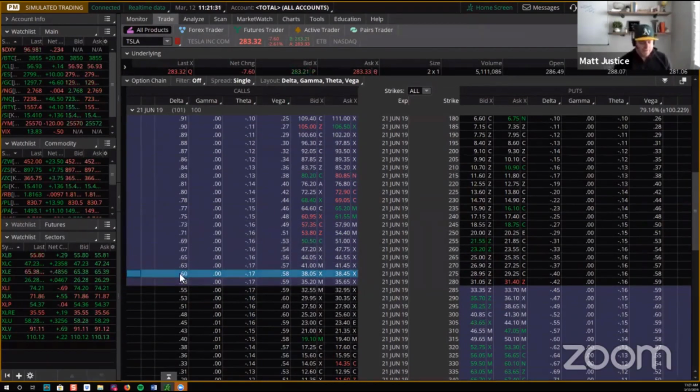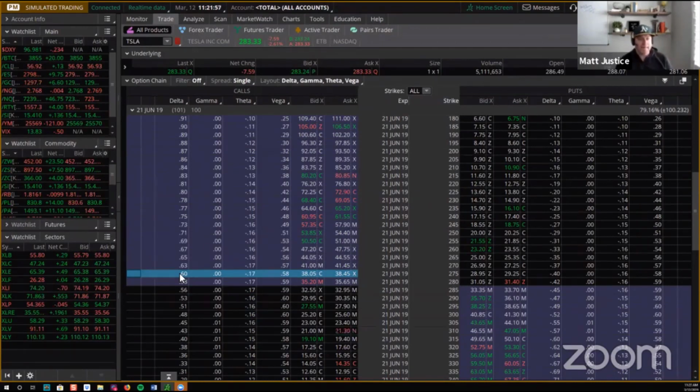So delta defines, number one, the percentage that we're going to capture as a trader when we are buying options given a $1 movement in the stock. That's number one. As a seller, since we will never hold options we buy into expiration, as a seller of those options, which we will, delta also defines the probability that that strike price will finish in the money.